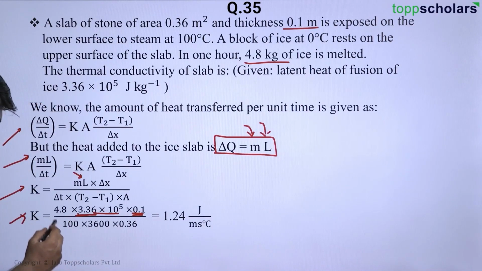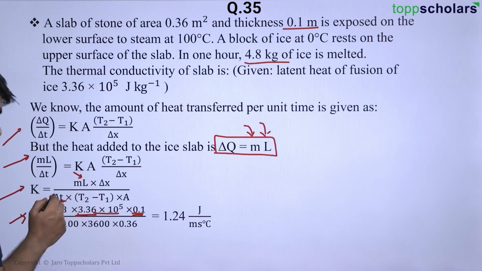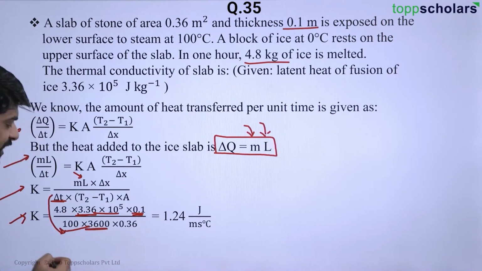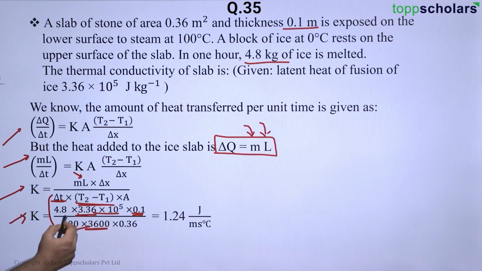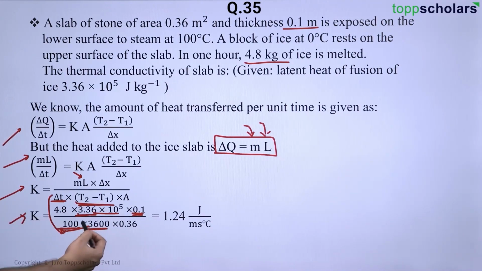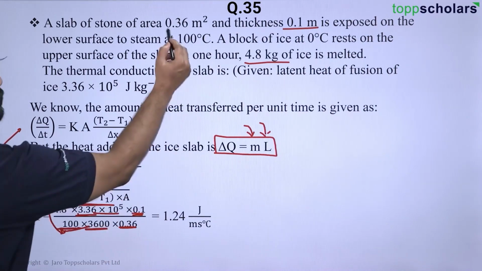Then we divide by the time, which is 1 hour, but we have to convert this into seconds, so we have 3600. T2 minus T1, the temperature difference, is 100 degrees Celsius, which if you convert is 100 Kelvin. And the area is also given, that is 0.36 meters squared.